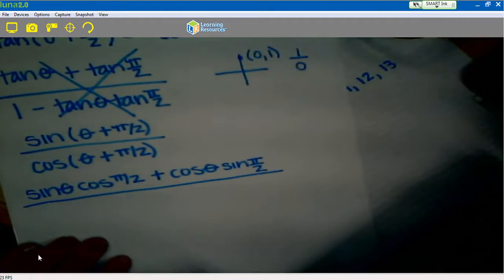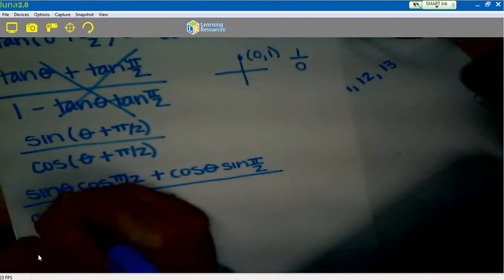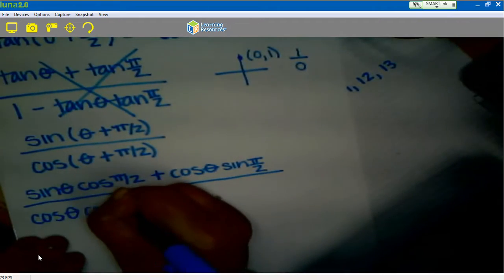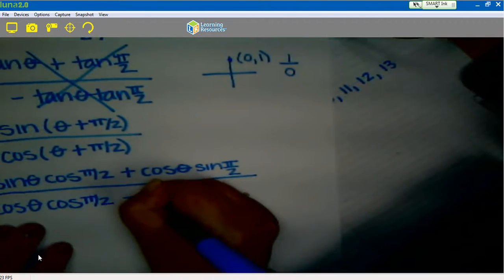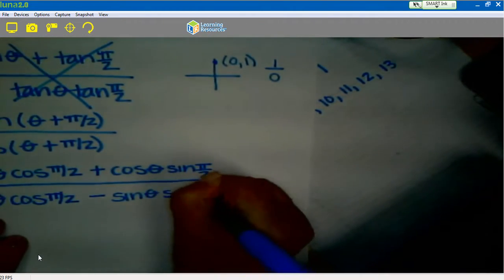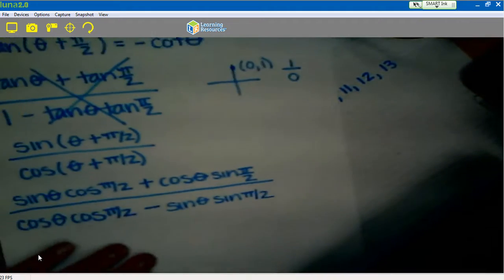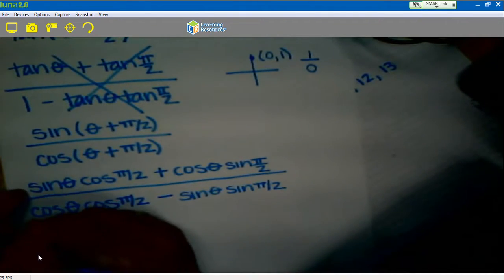And this is all over, expand out the cosine on the bottom: cosine theta cosine pi over 2 minus sine theta sine pi over 2. Okay, so the sine of theta is just sine theta.